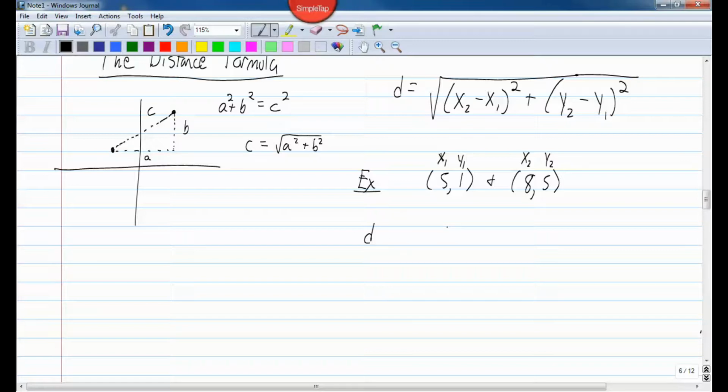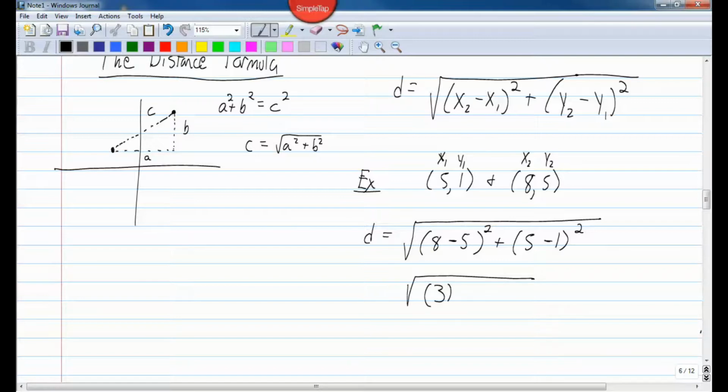Alright, so the distance between these 2 points is equal to the square root of x sub 2, which is 8, minus x sub 1, which is 5, squared, plus y sub 2, which is 5, minus y sub 1, which is 1, squared. Alright, so what is 8 minus 5? That's 3.